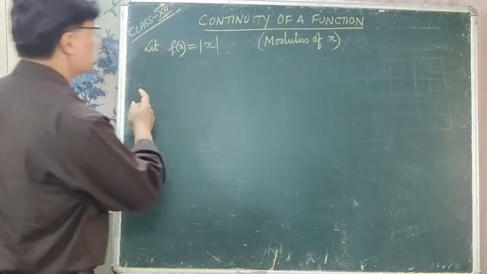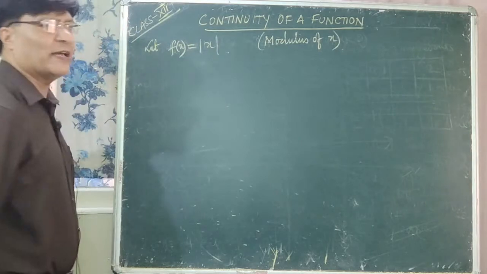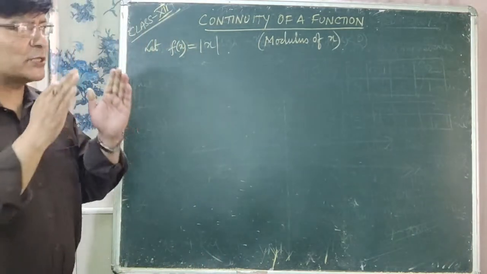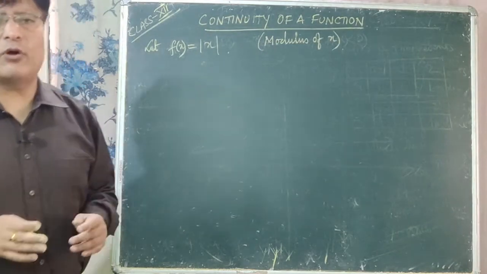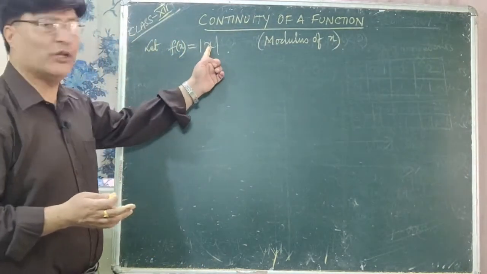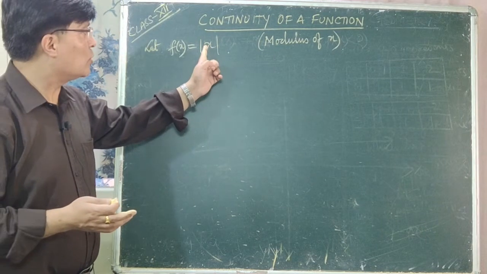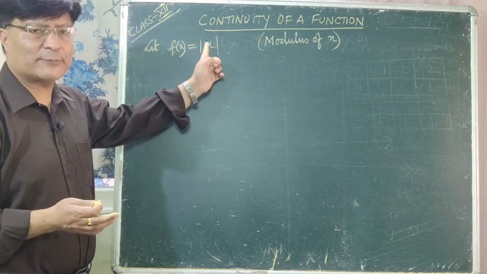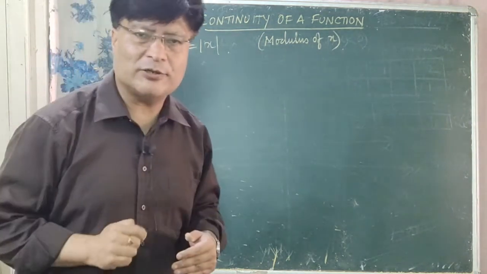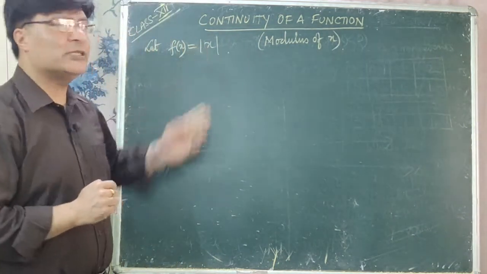Now in this case, how can you simplify this modulus sign? First of all, if the expression is kept within modulus sign, you must check when this value of x is 0.